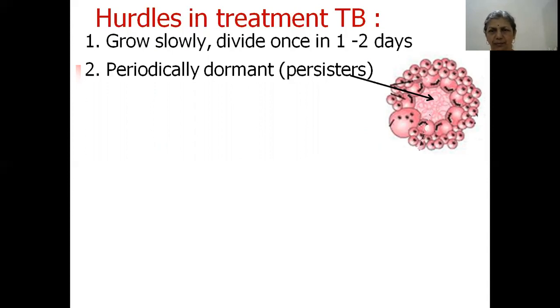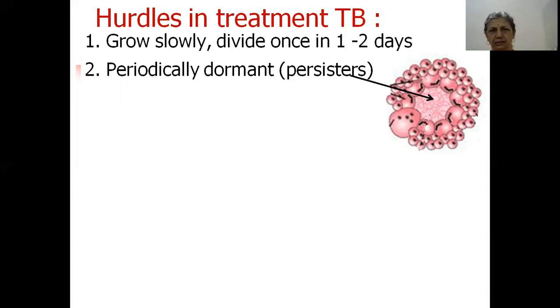And why? Tubercle bacilli grow very slowly, unlike most other microbes, and they divide once in just 1 or 2 days. This is a problem because we have many drugs which can target and attack rapidly replicating bacteria.